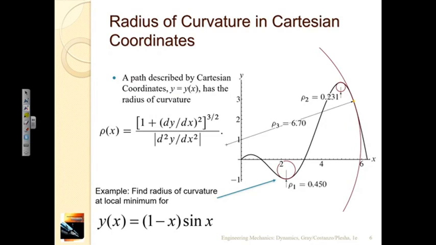So what is that radius of curvature? I was told we learned this in calculus, but I don't remember it. So here we've got a function. It looks like this.